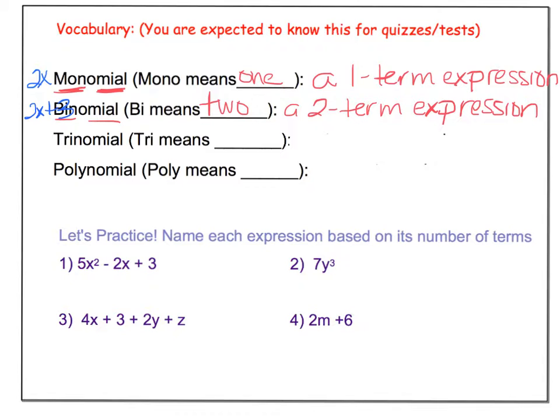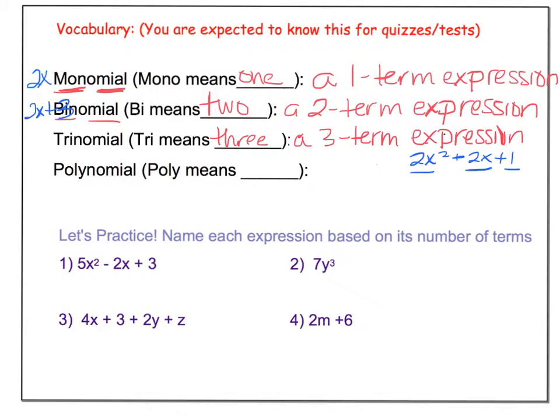A trinomial means, like tricycle, that means 3. And so as before, this one would be a 3-term expression. It might be something like 2x squared plus 2x plus 1. 3 terms. 1, 2, 3.